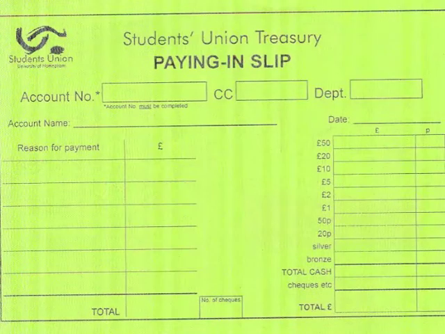This is a paying in slip. If you have an event or anything that brings you an income, make sure you take your money and put it into the Treasury. You don't want it lying around, it could get lost or stolen and then you will be personally responsible. So here you are, this little green form. Let's say for example Crips have a formal and they're going to put money in.